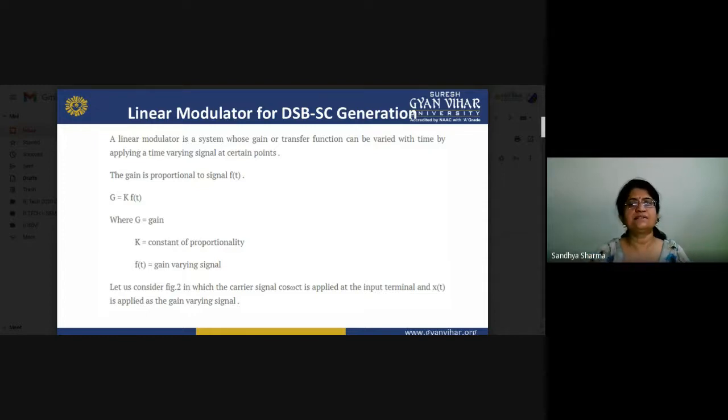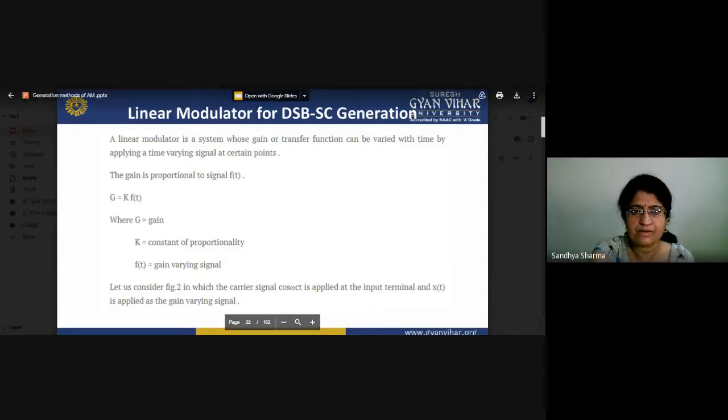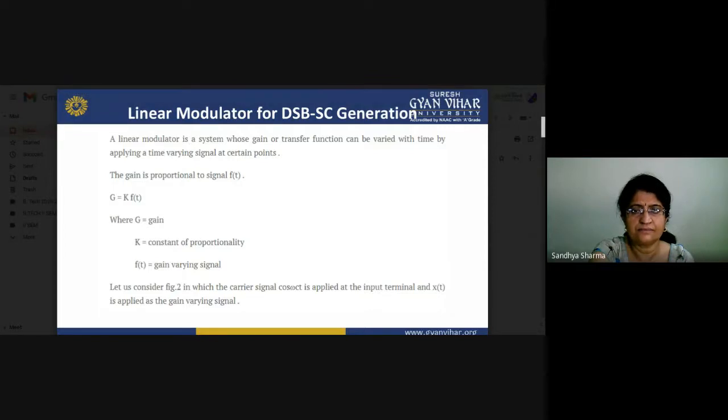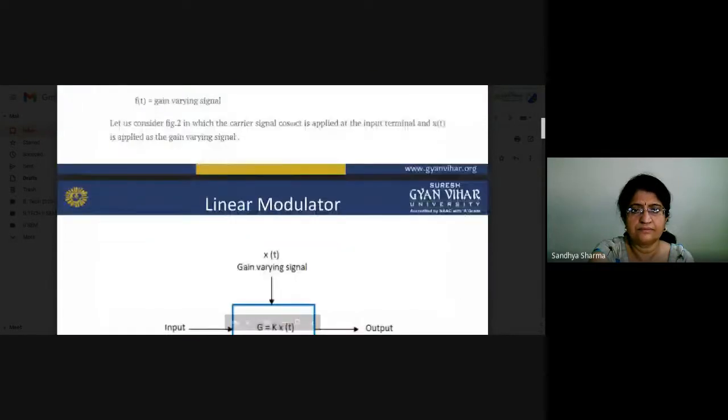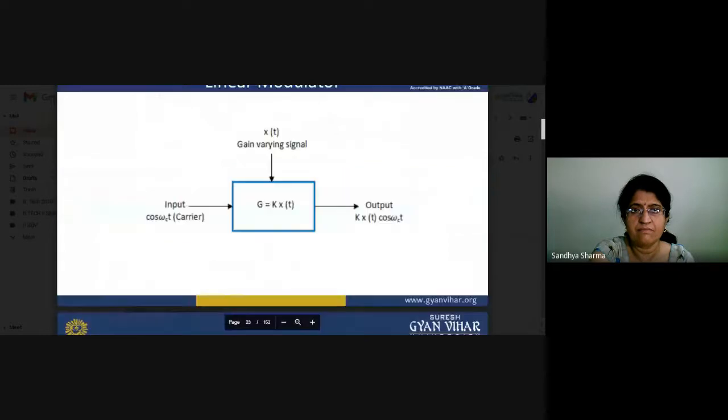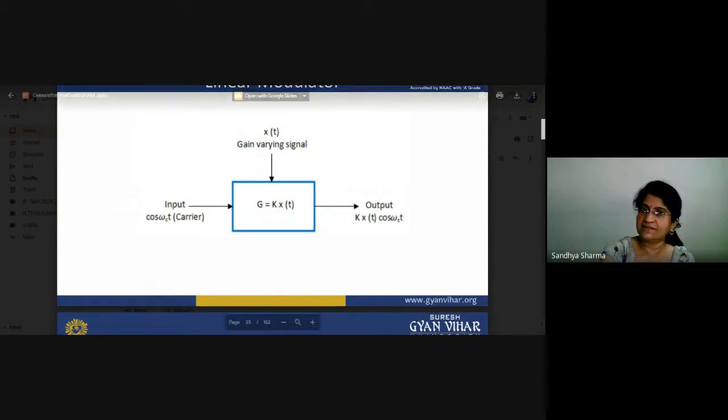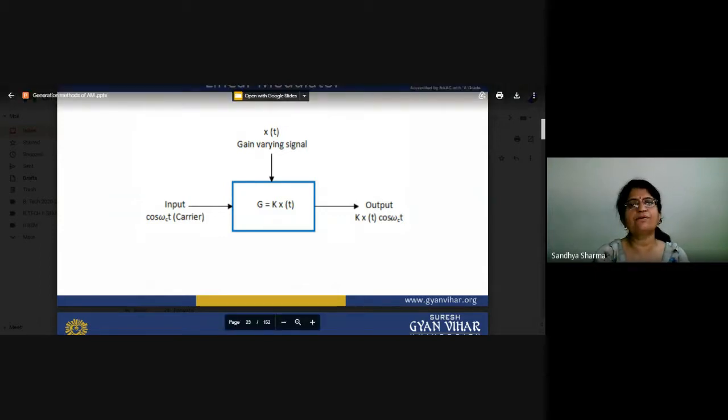Let us consider figure 2, in which the carrier signal is applied at the input terminal and xt is applied as the gain varying signal. This is the carrier signal cos omega ct, and here we are applying xt. The basic property of xt is that it is a gain varying signal, and in this way we can receive the output.